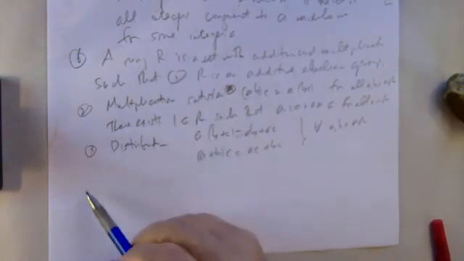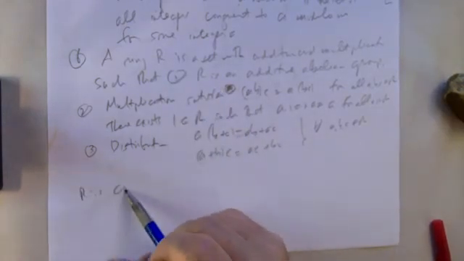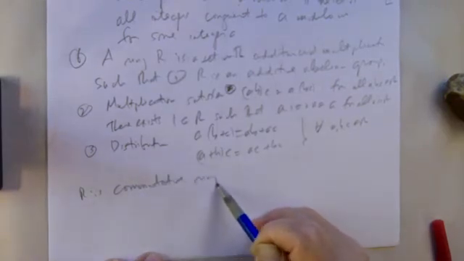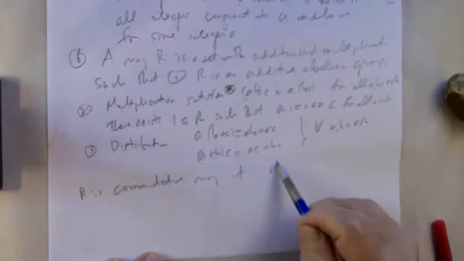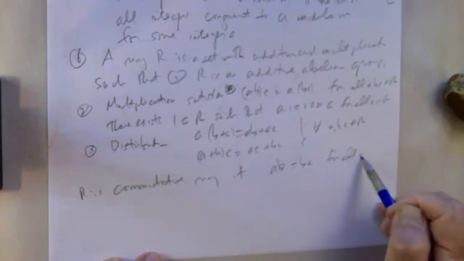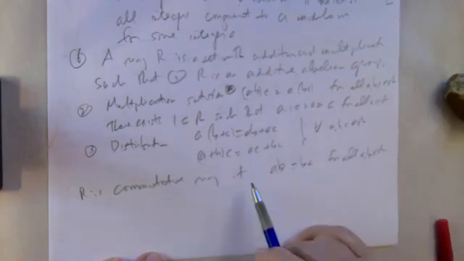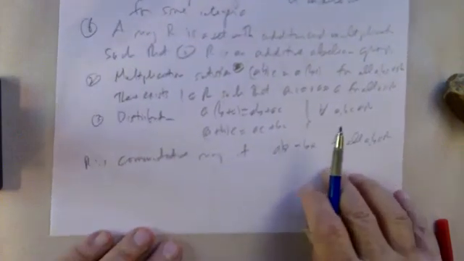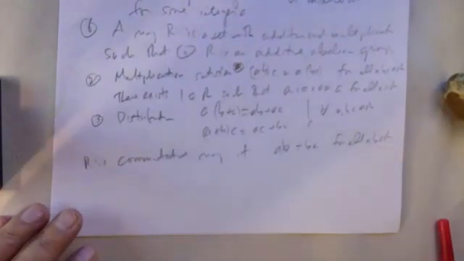So this is what a ring is, and R is a commutative ring if the multiplication is commutative, AB equals BA for all A and B in the ring. So that's the definition of a commutative ring.